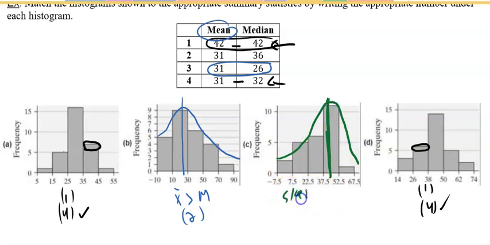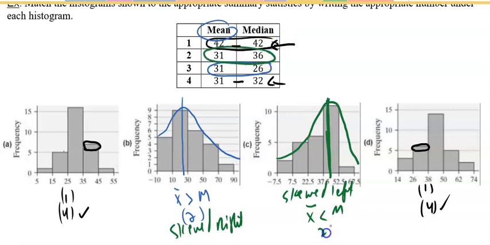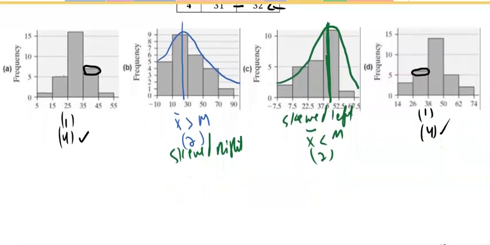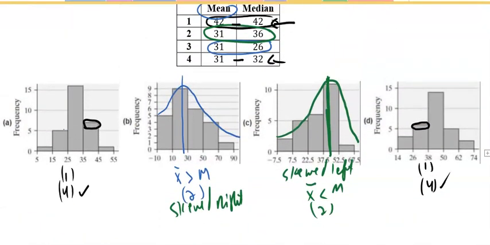I should write that down. Which means the mean should be less than the median. This is skewed right. So which of those has the mean being less than? That must be number 2, and the other two are symmetric. And that's pretty much it for this section.